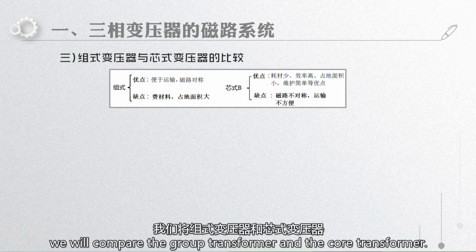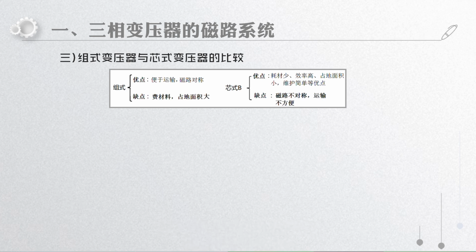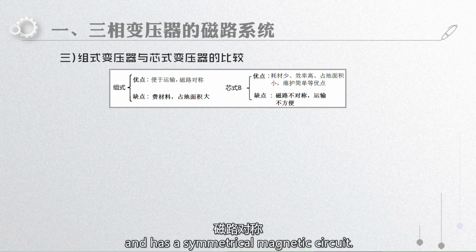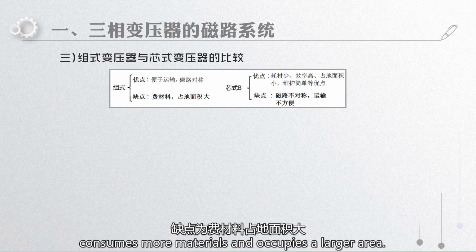Next, we will compare the group transformer and the core transformer. The group transformer is easy to transport and has a symmetrical magnetic circuit. Its disadvantages are that it consumes more materials and occupies a larger area.